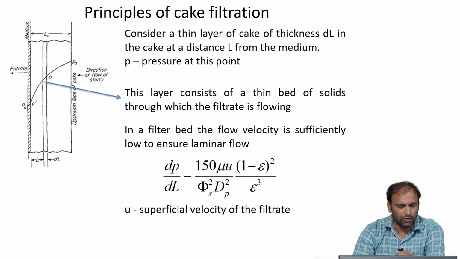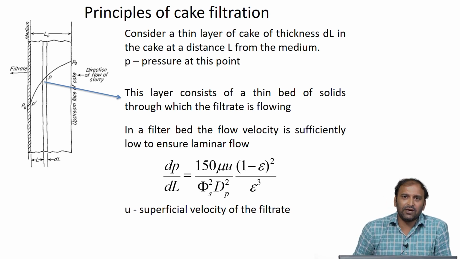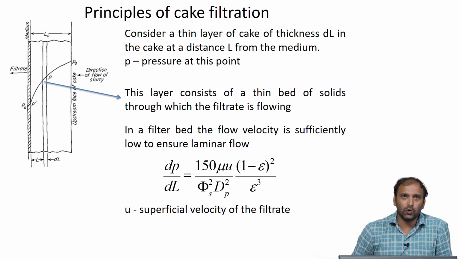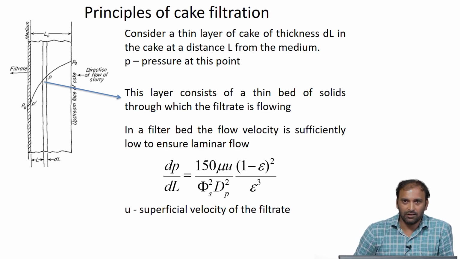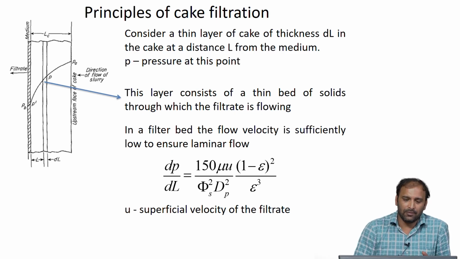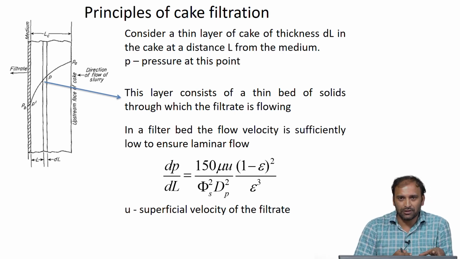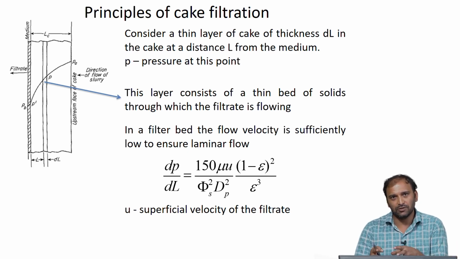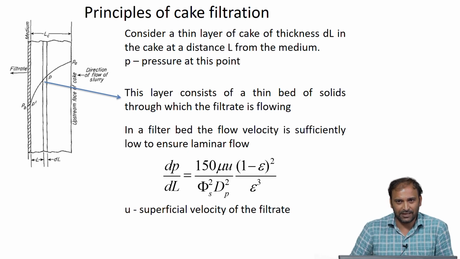Now if you look at this thin section, typically the velocity with which the filtrate flows through the filter cake is so low that you can essentially assume the flow to be laminar. As I said, we are borrowing the concept from flow through packed beds and applying it to the flow through the filter cake.